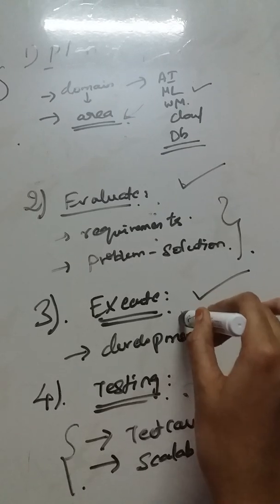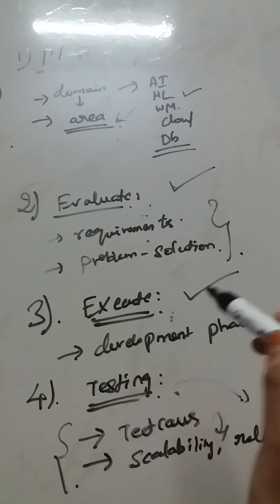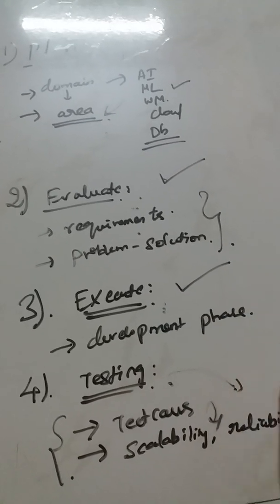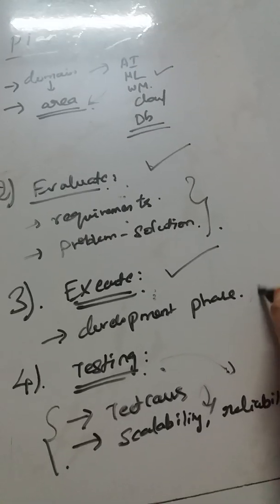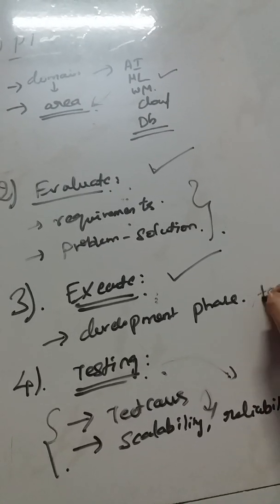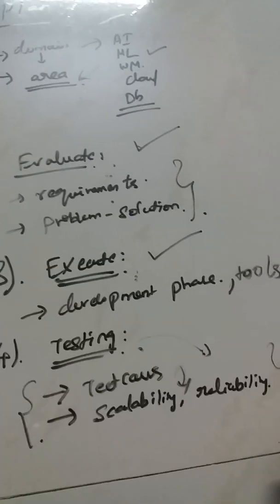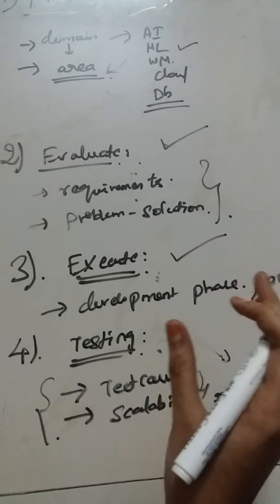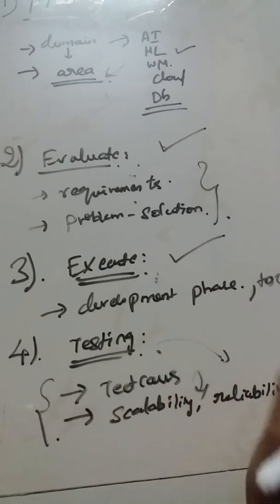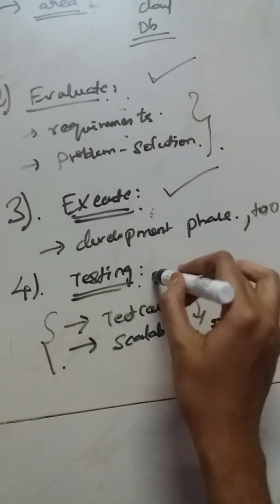The third phase is execution. In execution, you develop the project, the development phase. It deals with the tools you are going to choose and the complete development of your project. The last phase is the testing phase.